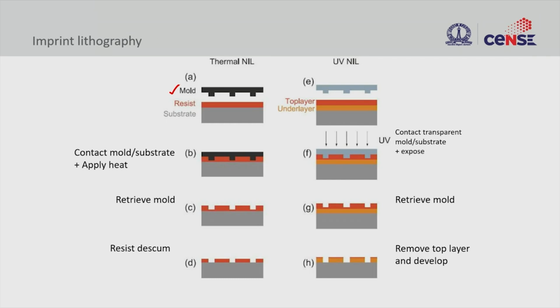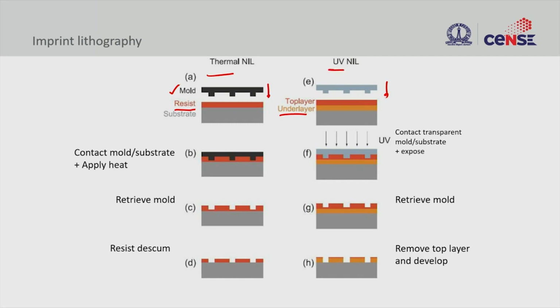Here we use a mold. There is a template and we press this template against a resist, or a layer that can take the shape of the mold. There are two ways to transfer. Once you press this mold on top of the soft layer, you either apply thermal energy to transform the pattern, or you do UV exposure.